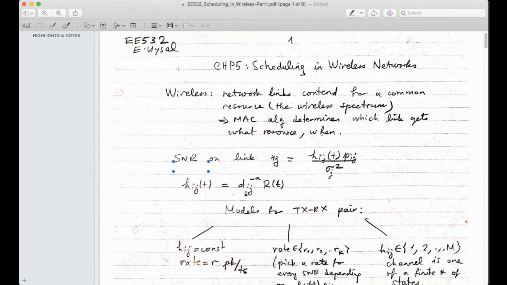Now, the path loss with distance is usually exponential, distance to the power negative alpha, where alpha can vary from usually 2 to 4 depending on the environment. Of course, free space loss goes like dij to the negative 2.